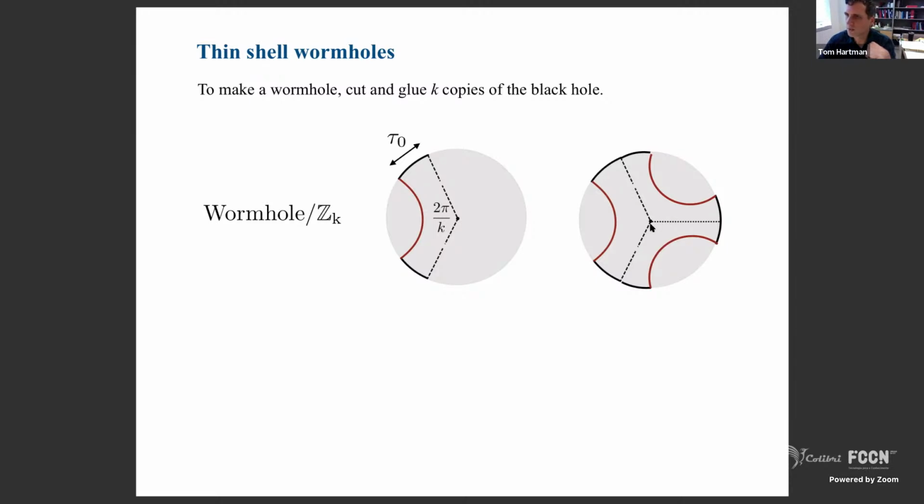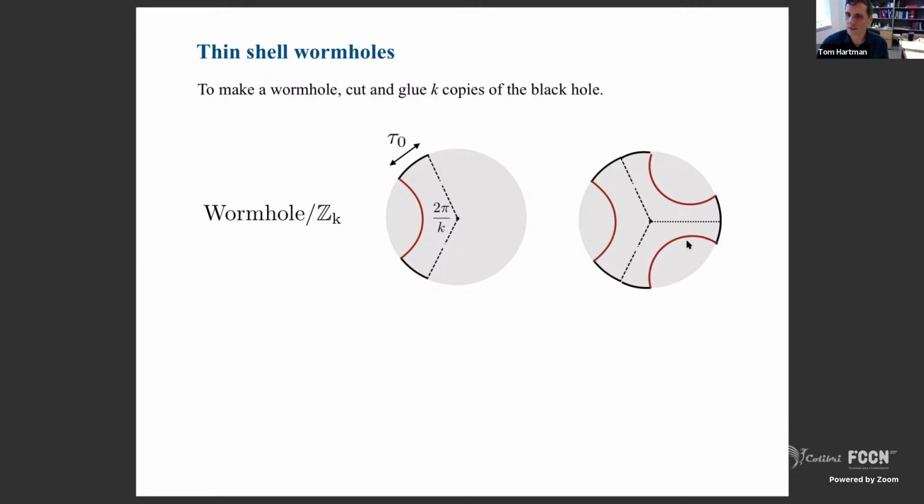The point at the center is smooth because of the way we've chosen that deficit angle. But the way we've glued them together, you can see that now we're left with 3 copies in this case of the asymptotic boundary. The example I've done here is with K equals 3. So by gluing together 3 copies of this collapsing black hole, we now have a 3-boundary wormhole.